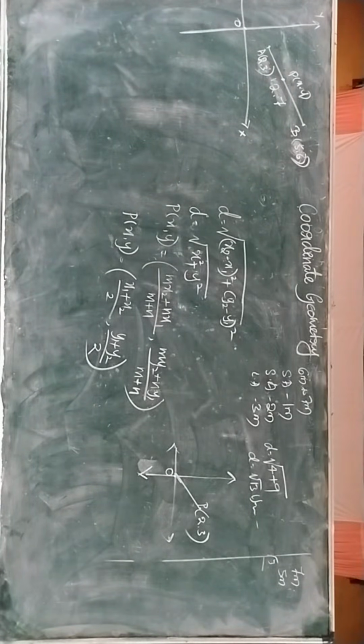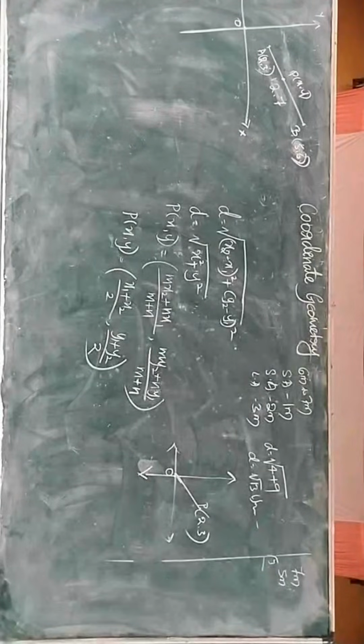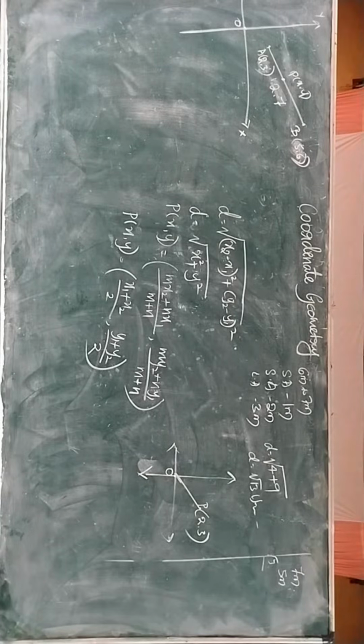Can you solve this? Simple 3-mark question. A of 2, 3 and B of 5, 6. Very simple.